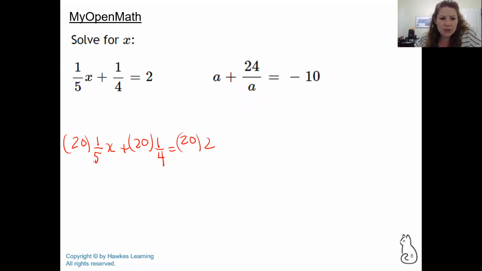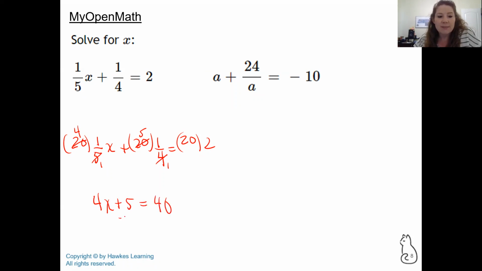All right, so 5 divided by 5 is 1 and 20 divided by 5 is 4. So we end up with 4 times 1 times x is 4x. And then 4 divided by 4 is 1, 20 divided by 4 is 5. So 5 times 1 is 5, equals 20 times 2 is 40.